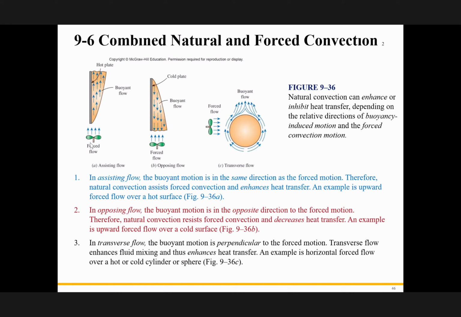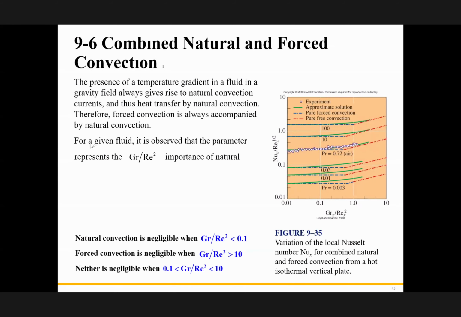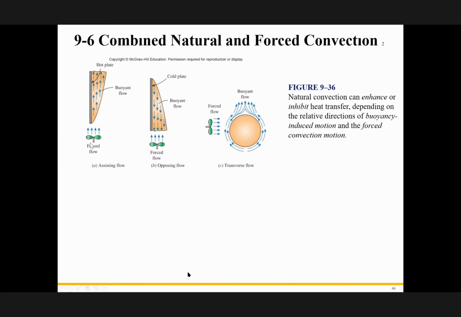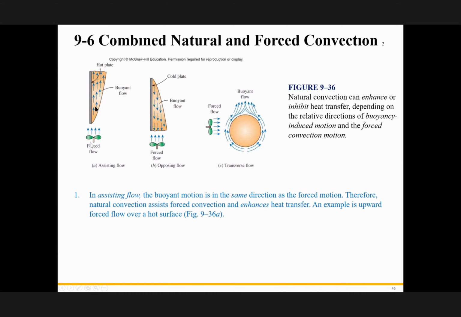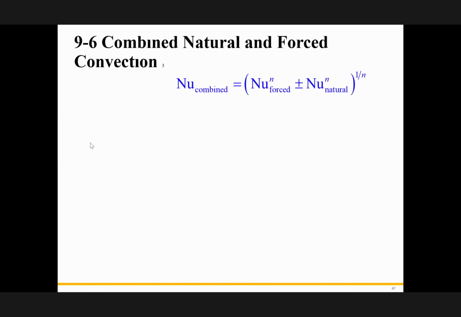Therefore, again, let me go back. First, we have to make sure that we satisfy this requirement, and if both of them are working together, we have to go back to see if it's this scenario or this scenario. In this case, as I mentioned, we have one set of equations. Here is the combined Nusselt number, not the heat transfer coefficient h.